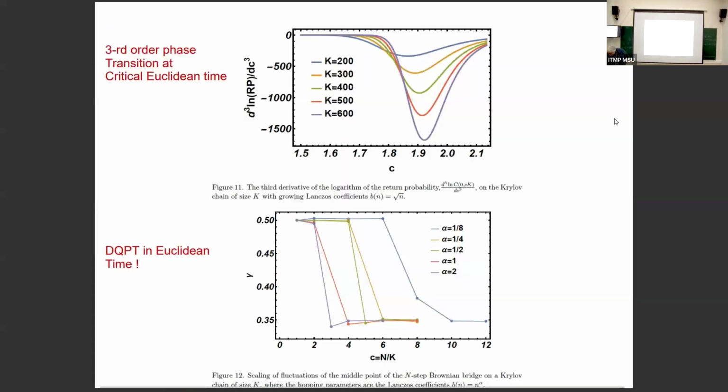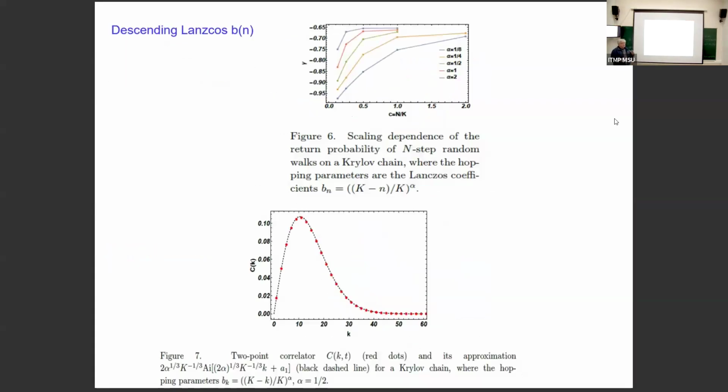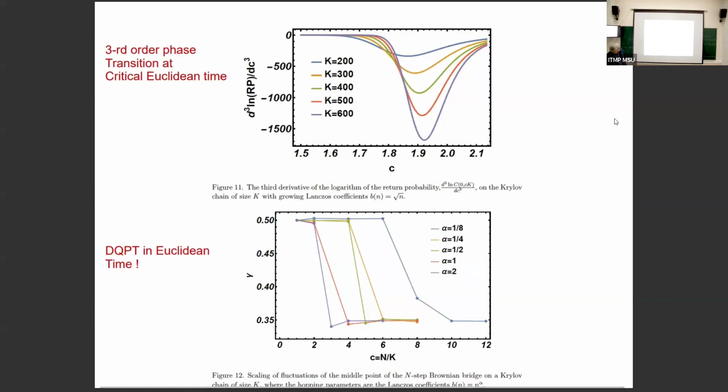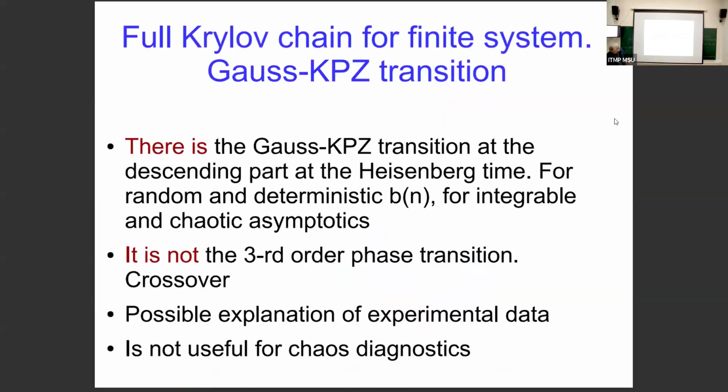And okay, so when we consider the descending part of the trajectory, it can be shown that once again we have a transition to KPZ scaling, but in this case we have no phase transition, it's a kind of crossover. And now we should glue all parts of the Lanczos dependence. And okay, here it's the growing part.